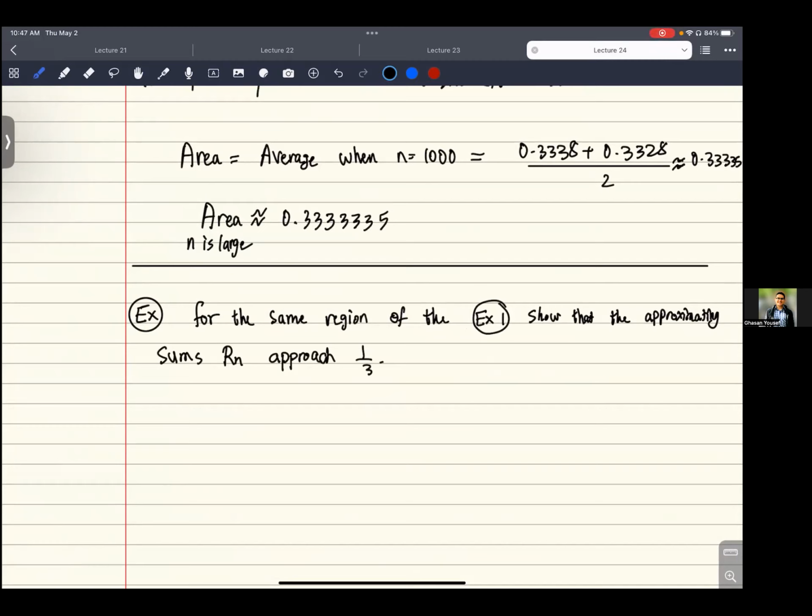So if you want to repeat what the question asked, they said show that R n, when n goes to infinity, is 1/3. Or rewrite it in a different way: show that the limit of R n when n goes to infinity gives me 1/3.